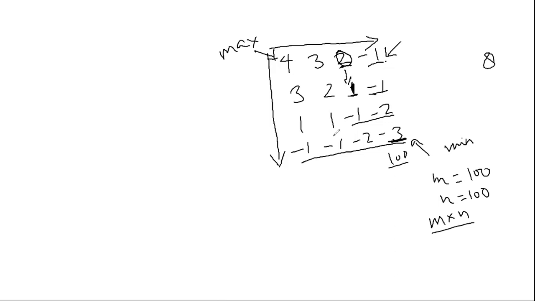If you start your brute force from here and start checking, then as soon as you see something positive or non-negative, even 0, you can just terminate your check. You don't have to visit all the elements. It depends on which kind of input you got, right?